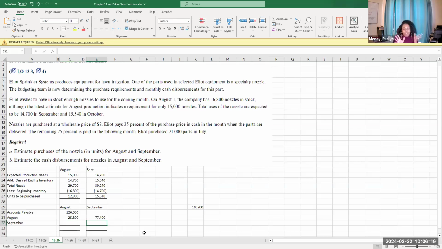Now let's do September. September's going to be a little bit shorter because I don't have to do as much work because I'm only dealing with the 25% that I need to pay. So I'm going to take that 15,540 and multiply that times 25% and multiply that times $8. And there I am wanting to put in a dollar sign.